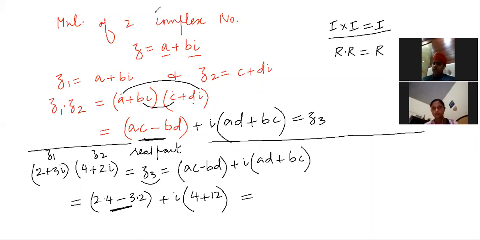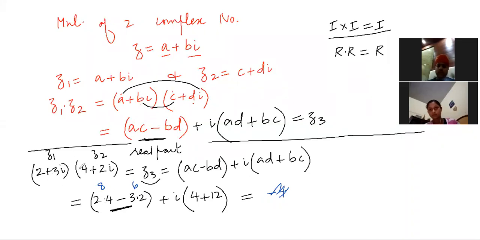And that complex number is 2 into 4 is 8, minus 12, that is minus 4, right? I'm so sorry, I've done it wrong. This is 8 and this is 3 times 2, which is 6. Let's see again. It was AC minus BD.